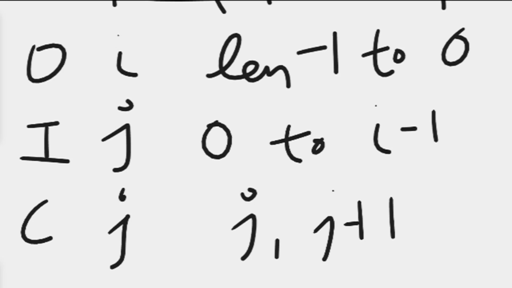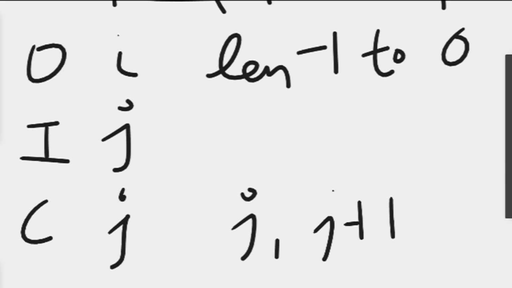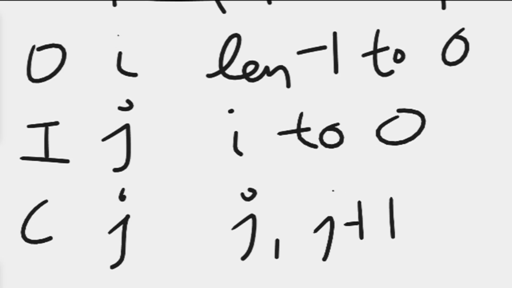Instead of checking from 0 to I minus 1, we will do I to 0. It's actually the same thing. We'll be exiting at 0, so 0 won't be counted. So it's same as before. There will be I minus 1 operations here.